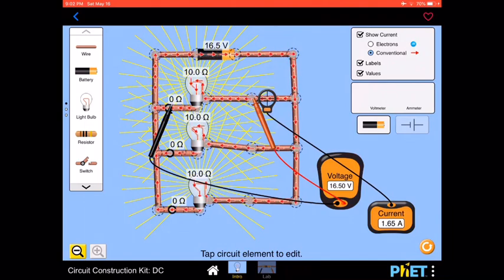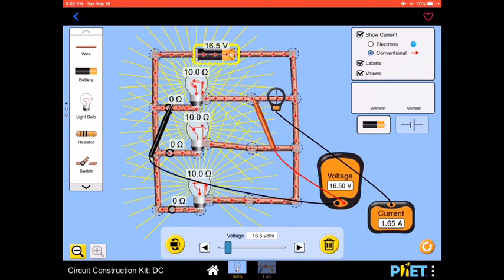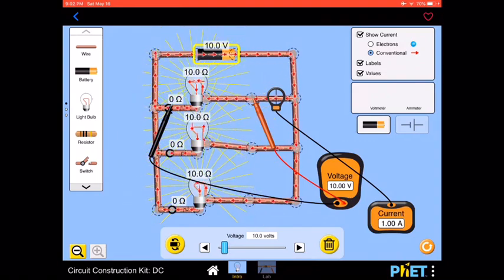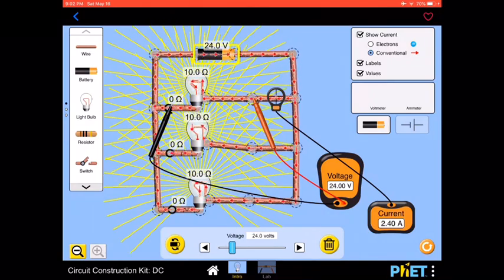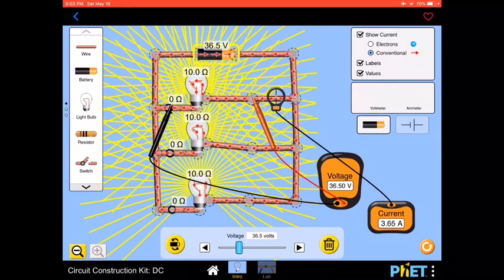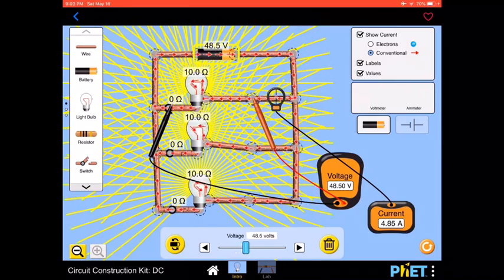Now let's say, for instance, I'm going back here, but let me perhaps just show you this. I'm increasing the voltage more and more and more of my volts. See what happens.